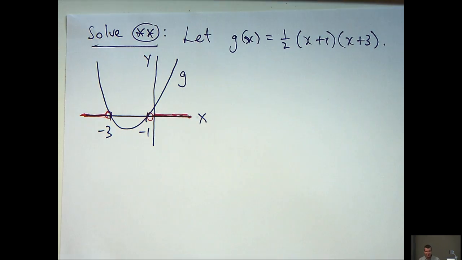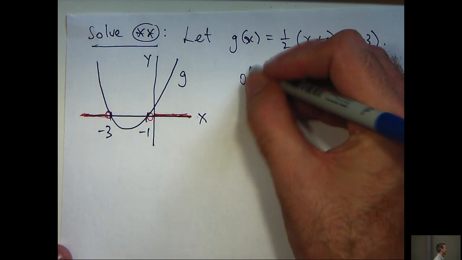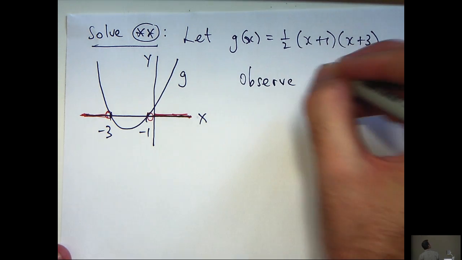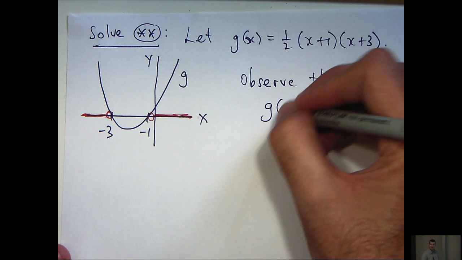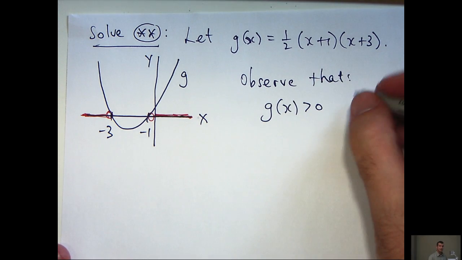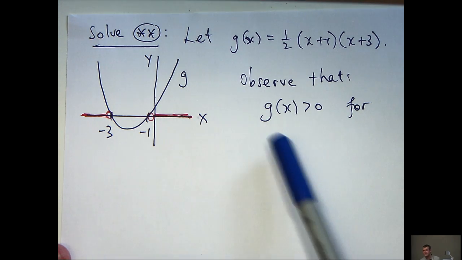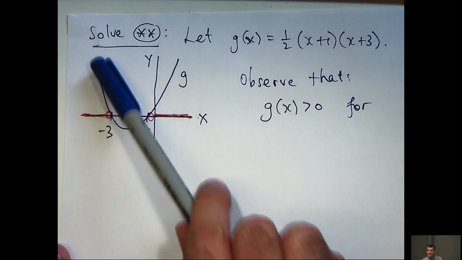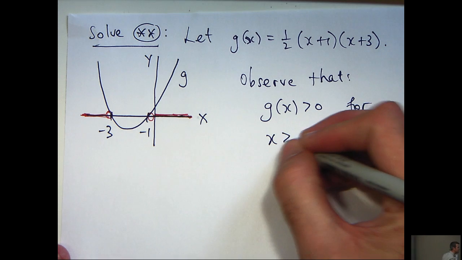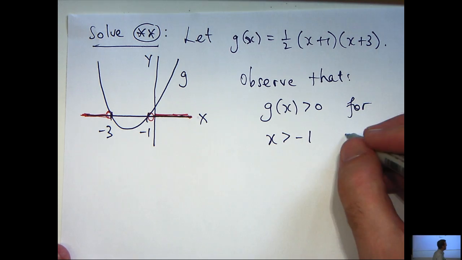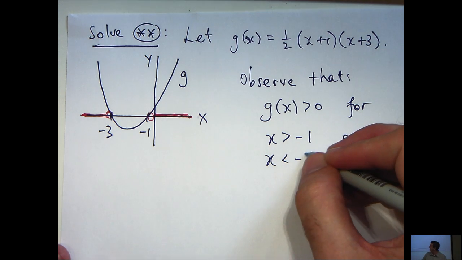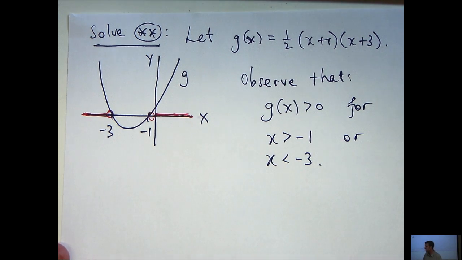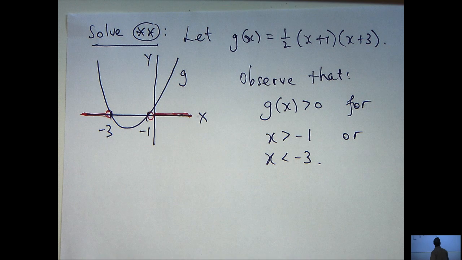Okay, so the graph lies above the x-axis when x is greater than -1, or when x is strictly less than -3. So we can now solve our problem.